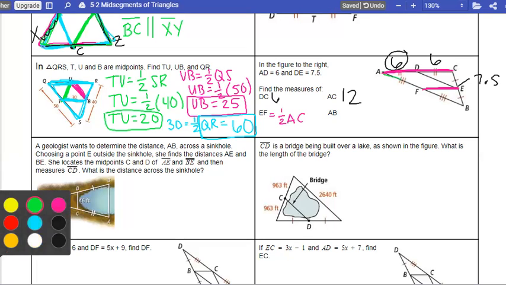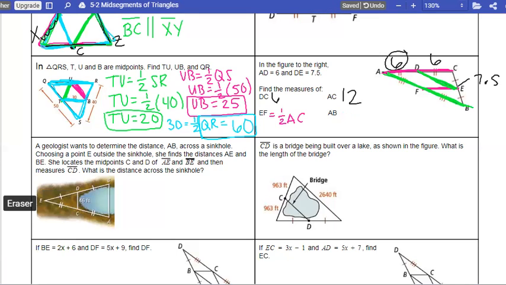AB is this side over here. What mid-segment is parallel to AB? It would be DE. So DE equals 1/2 of AB. So figure out those two, submit your answer, and then we'll go on to the next one.